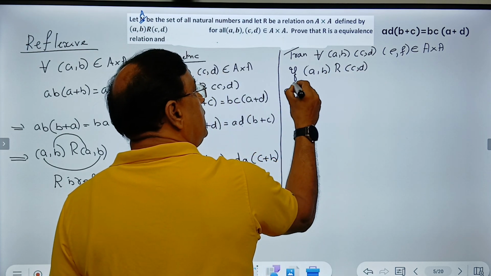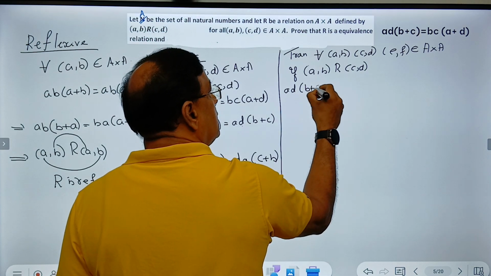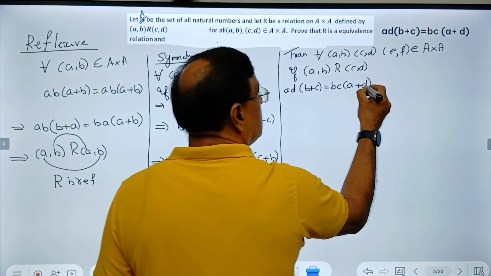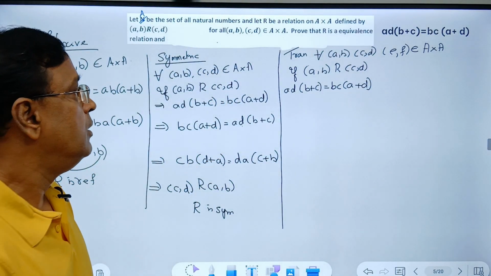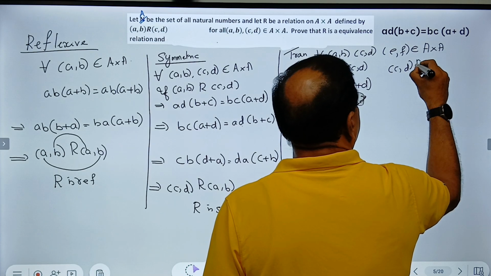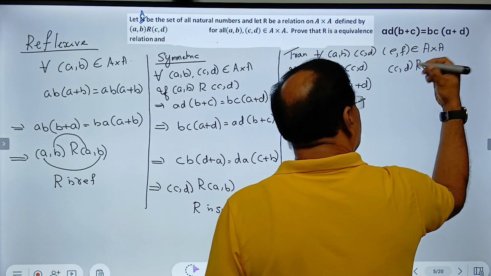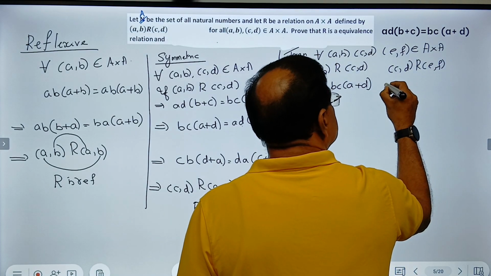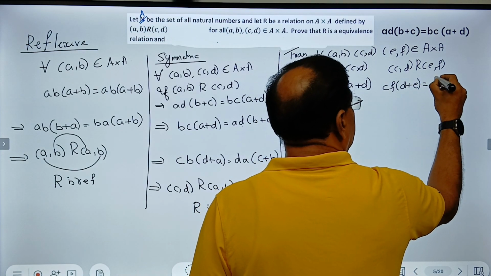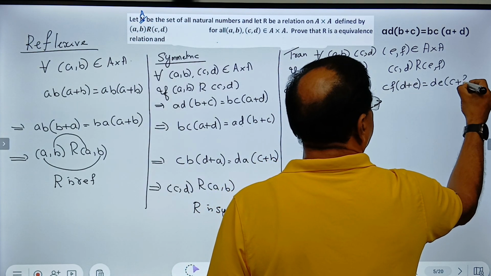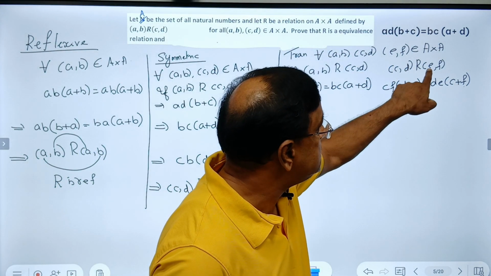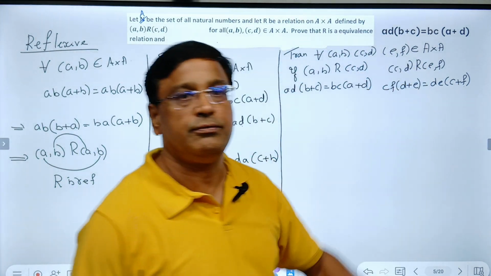You know AD into (B plus C) equal to BC into (A plus D). Okay. Now you also know that (C, D) is related to (E, F). That means you know CF into (D plus E) equal to DE into (C plus F).